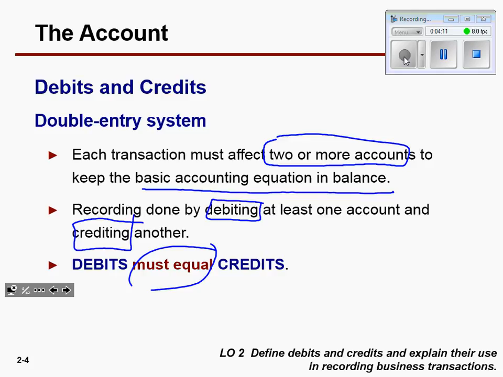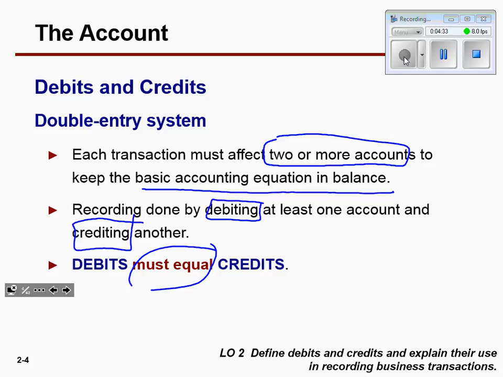Here's what I love about accounting, because even if you're a little fuzzy on, say, a transaction, you now know that you at least have to have 1 debit and 1 credit for every transaction. So at least 2 accounts have to have something happening on the left and on the right. And you might know half of it.